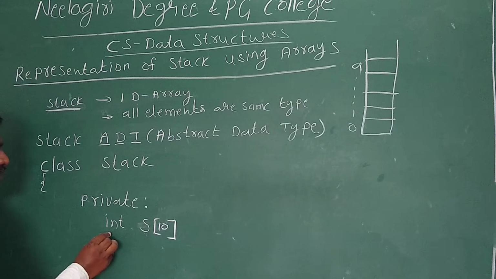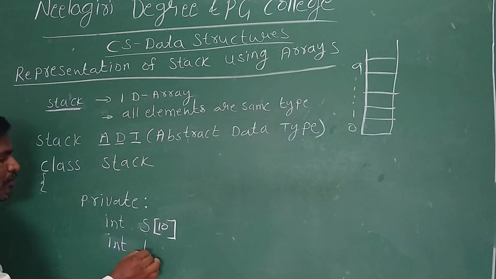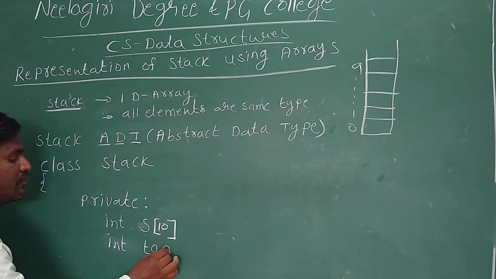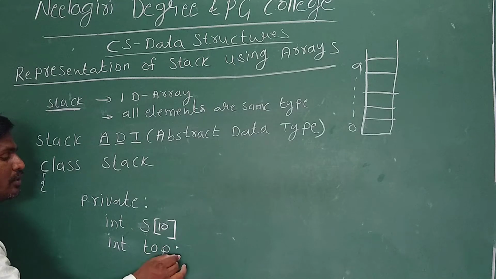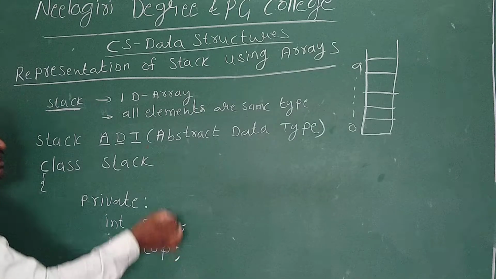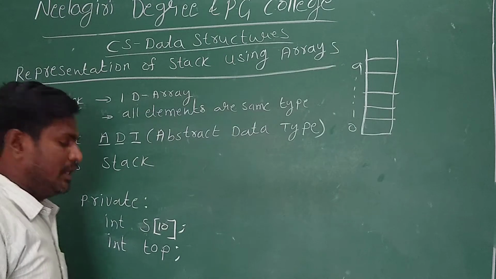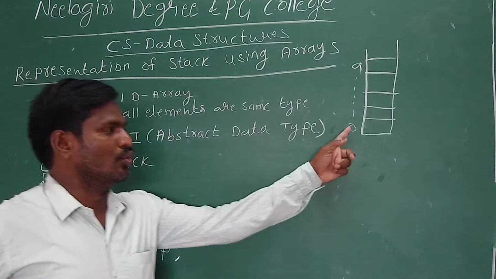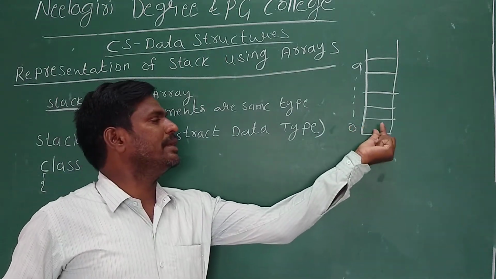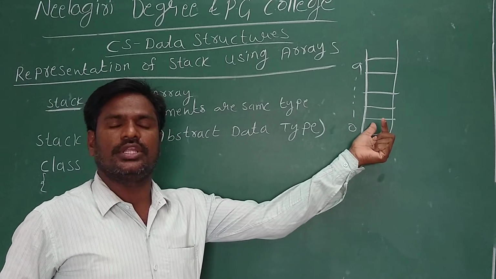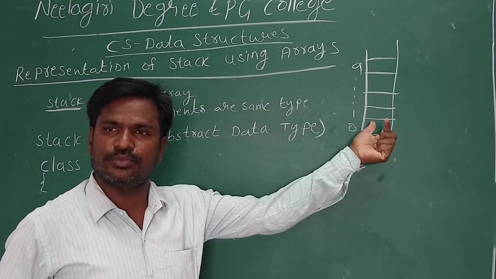We require a variable top, integer top. This is a variable required to know the position of the element. If the top value is 0, the topmost element is at the 0th position.